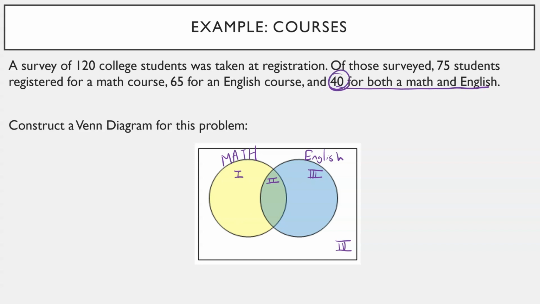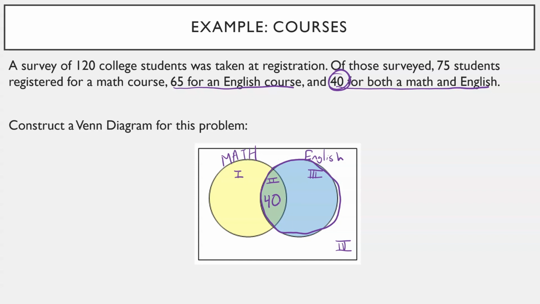Well, how many students are there? That's 40 students. Now here's where you have to be very careful. 65 said they're registered for an English course. Well, look, here is the set of students taking an English course, right? Everybody in that circle is taking an English course.